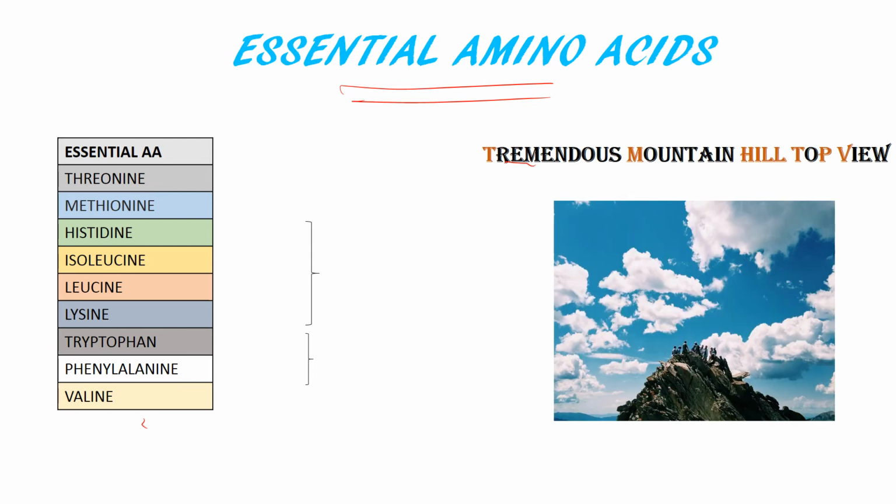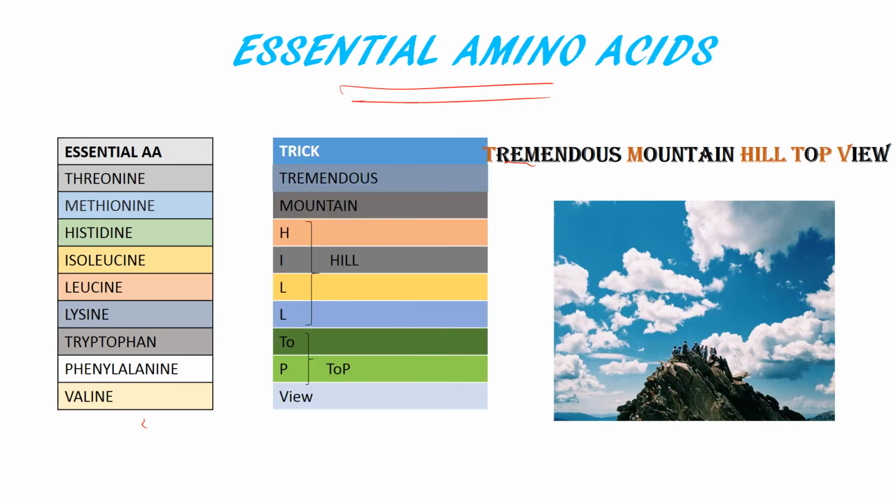For this, T in tremendous represents threonine, M in mountain is methionine. Hill is divided into four: H is histidine, I is isoleucine, L is leucine, and L is lysine. From top, T is tryptophan and P is phenylalanine, and from view, V is valine.